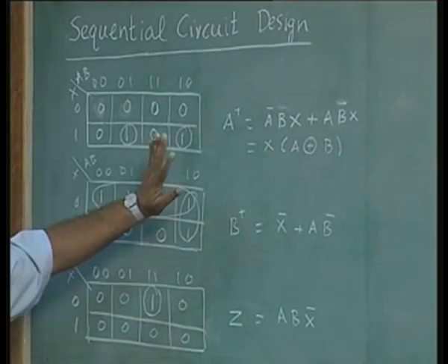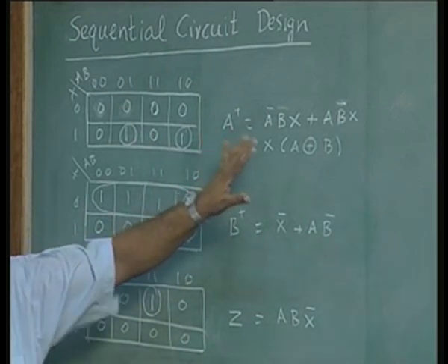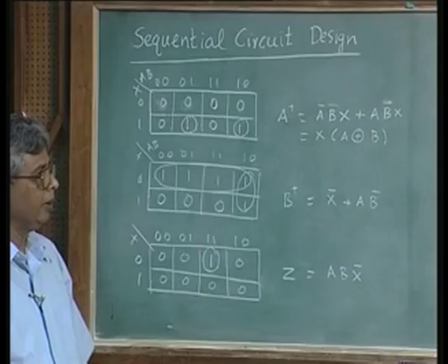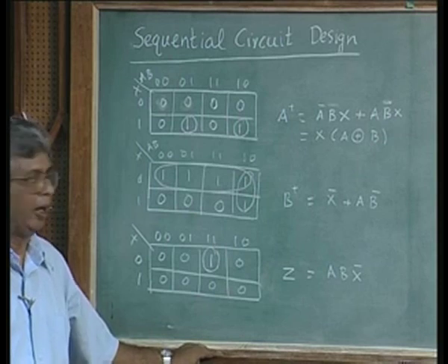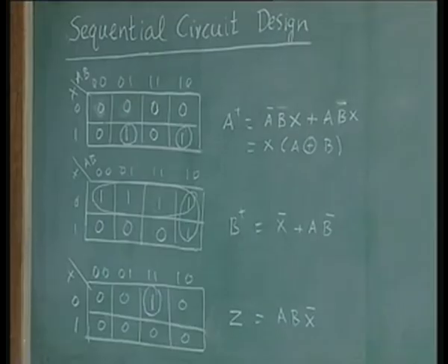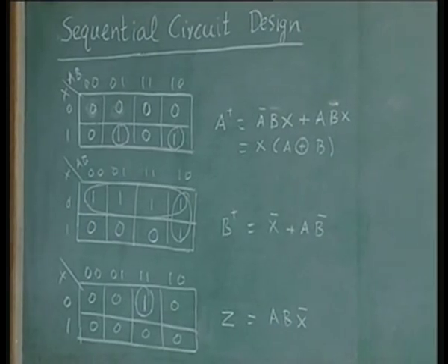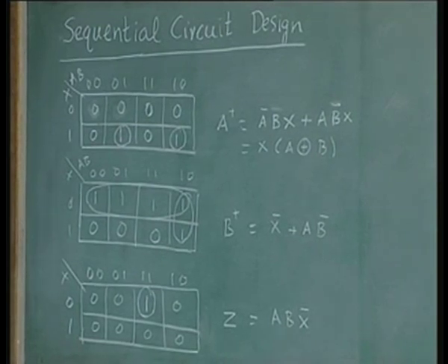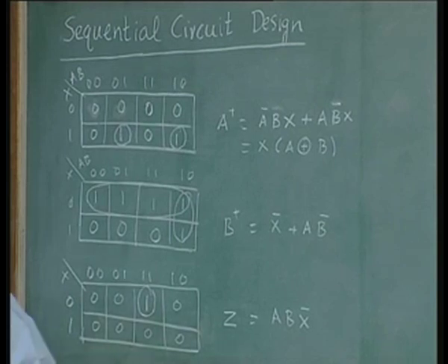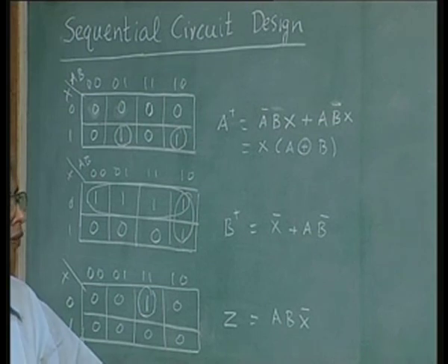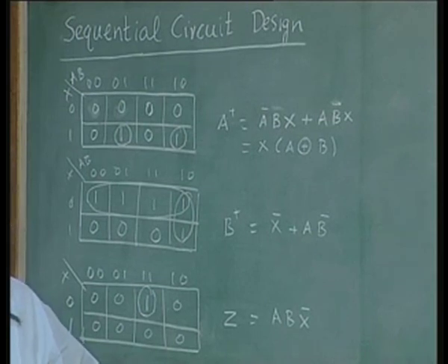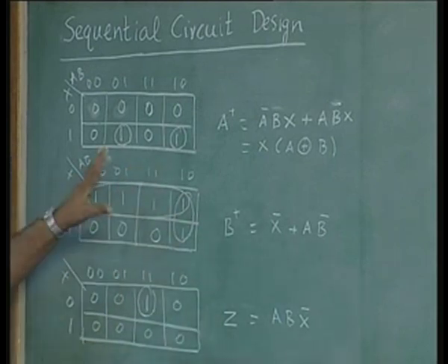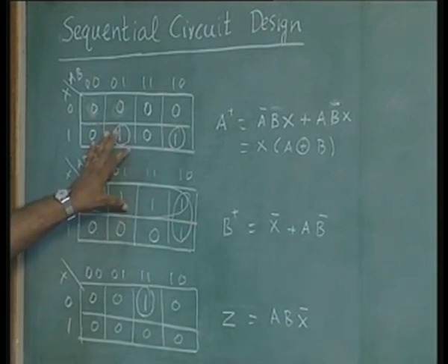After drawing the transition table, we need to realize the circuit, and the best way to do it is to use Karnaugh maps if you are going to go for gate implementation. This being the first and a simple example, we will go for gate implementation of combinational logic, which means I will use Karnaugh maps and minimize them to get the minimum expressions for the next state variables A plus, B plus and the output Z. You do not have to spend a lot of time on this because you know how to do this.